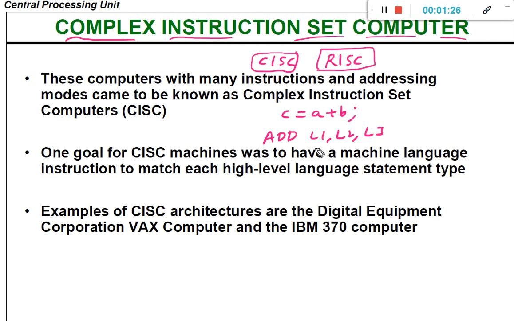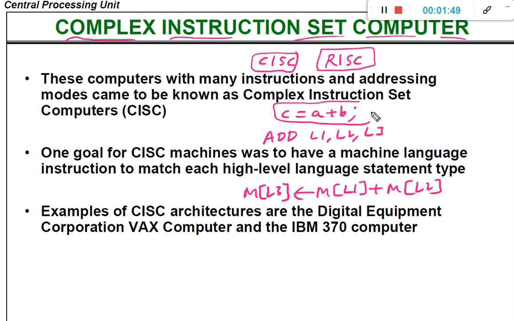Which has the meaning of adding the content of memory location L1 with memory location L2 and storing the content in memory location L3. So which is a direct implementation of the high level language code, that is, a single line is implemented in a single line assembly code.